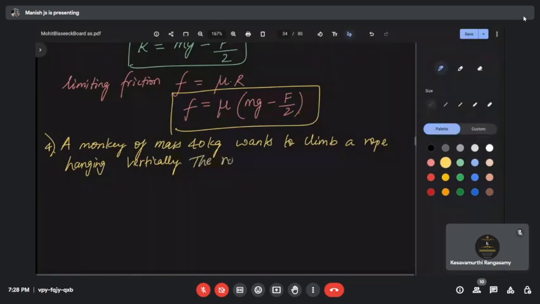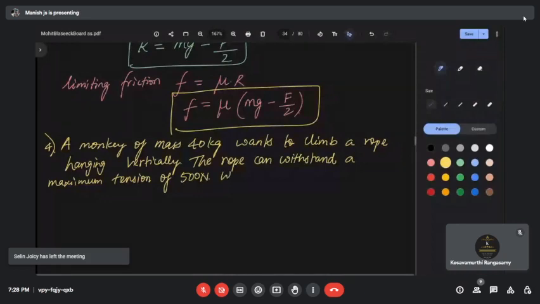The rope can withstand a maximum tension of 500 newtons.